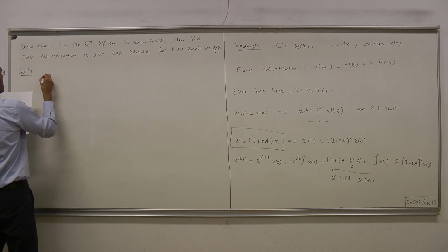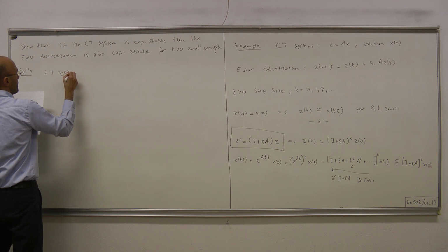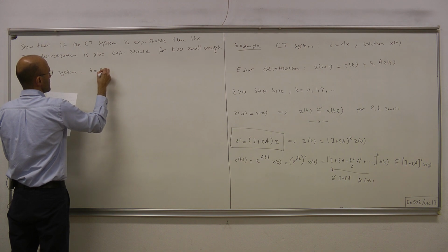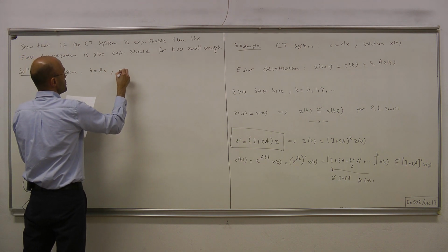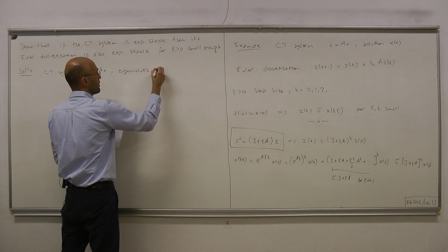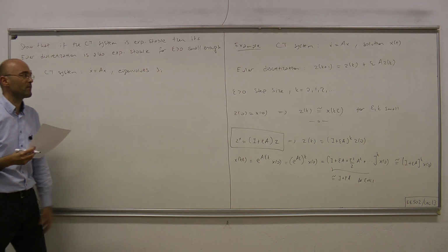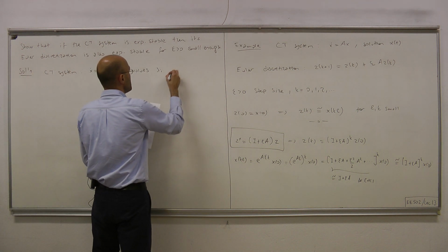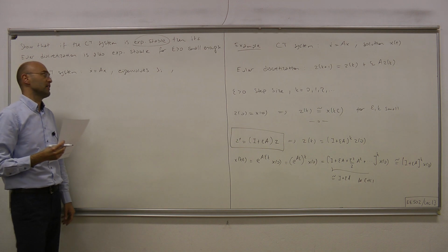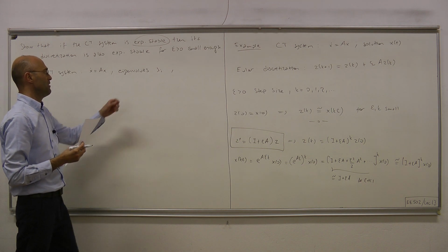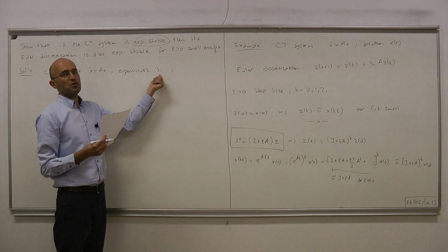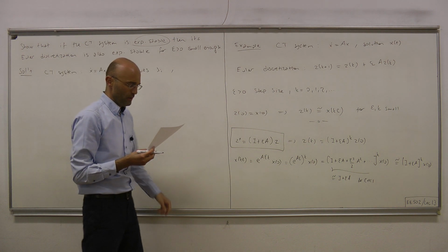Now we have the continuous time system, x dot equals Ax, whose eigenvalues we denote by, let's say, lambda i. And since that system is given to be exponentially stable, we know from our earlier theorems that these eigenvalues are in the open left half plane.